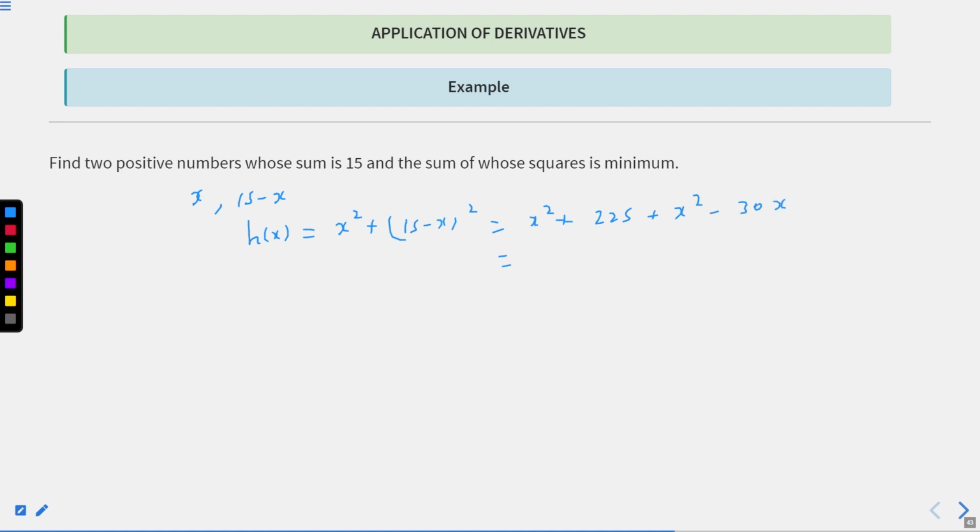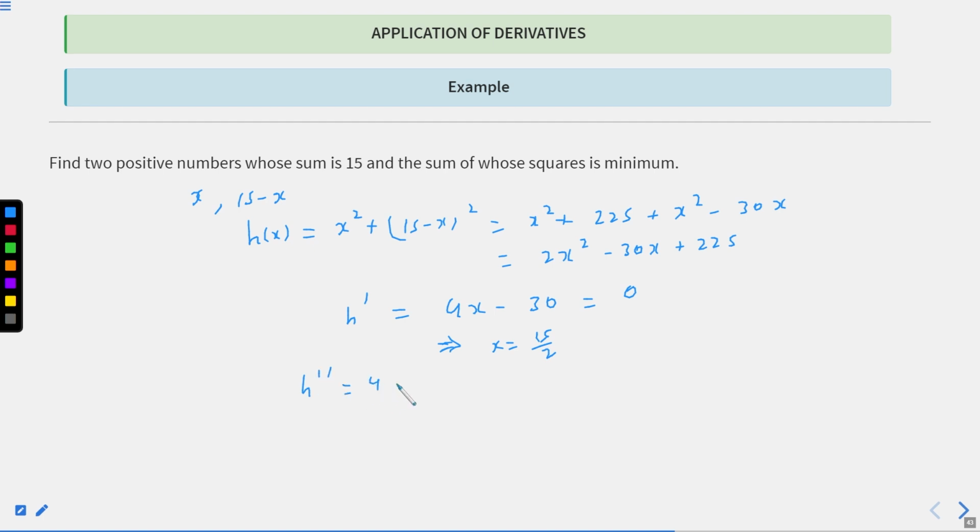So it will be 2x square minus 30x plus 225. Clear? Now h dash will be 4x minus 30. Now taking it equal to 0 will give me the possible candidate for inflection points, local minima and maxima. X will be 15 by 2.